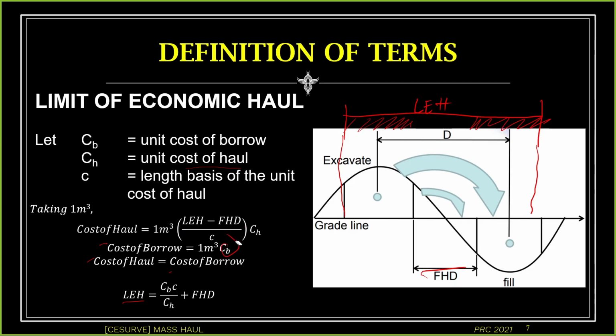Okay, so kindly take note, ha. May multiplier tayo dito na 1 cubic meter kasi we are assuming na 1 cubic meter yung assessment natin. Ito yung gagastusin per cubic meter. So, i-multiply pa natin to sa actual volume.